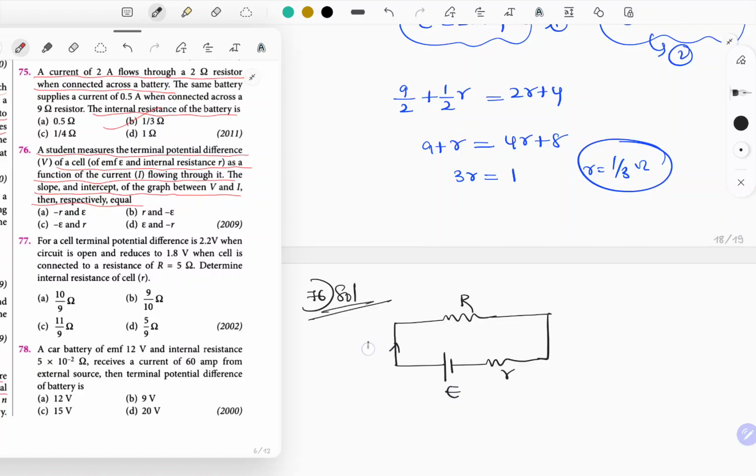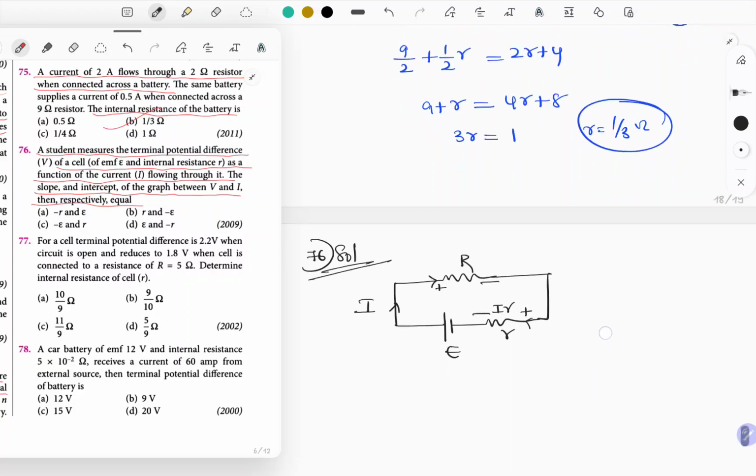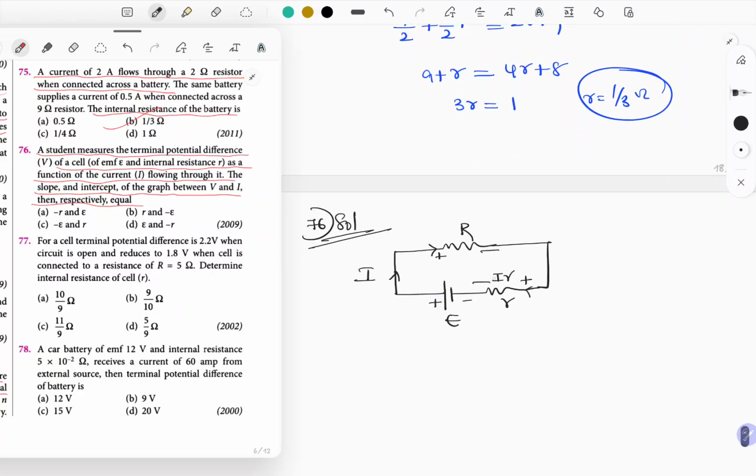EMF of the battery, and current flowing through it is, let's say, I, with plus minus, and here it is plus minus. Voltage across this internal resistance is IR. Just observe this, these two look like cells connected in series opposing.